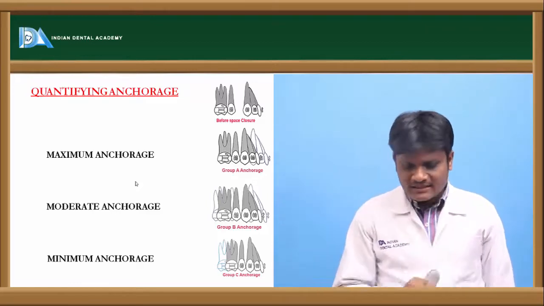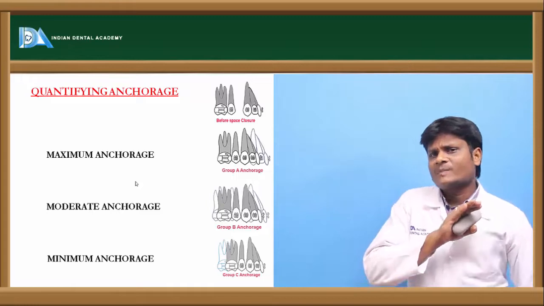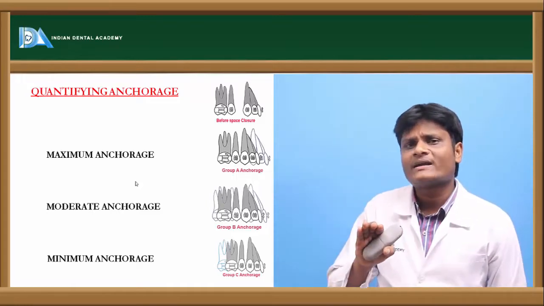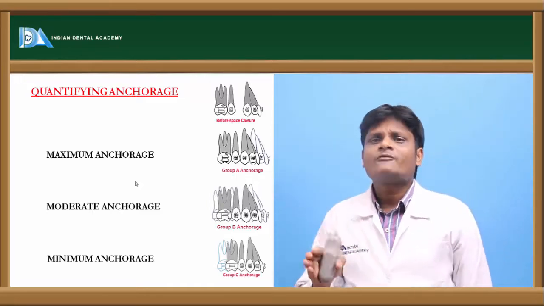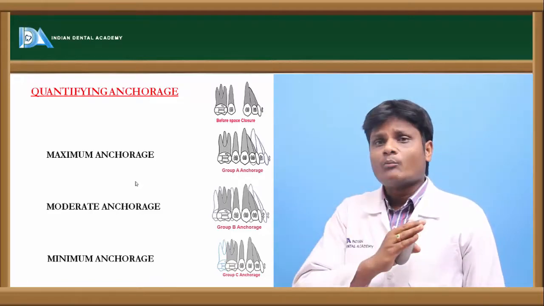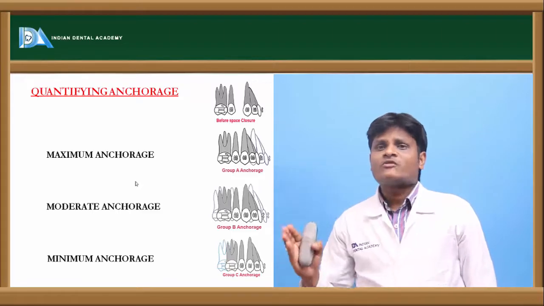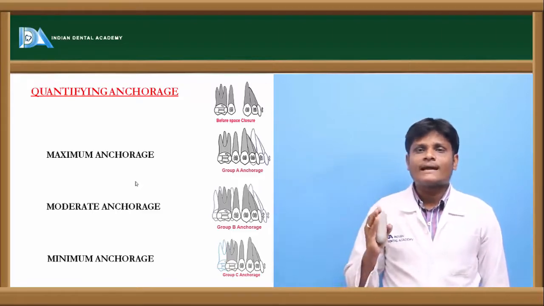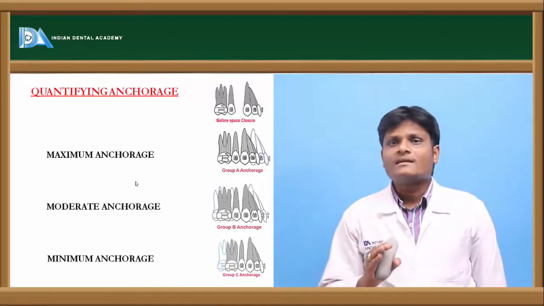Whereas in cases where the space requirement for distal movement of anteriors is very less, we will allow the extraction space to be closed 75% by movement of the posteriors and 25% by movement of the anteriors. This is called Group C anchorage.